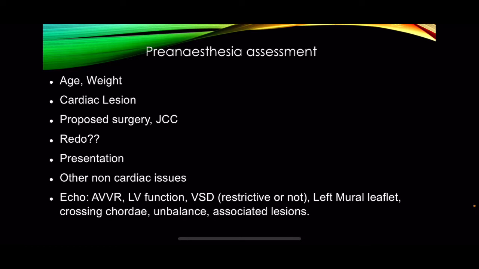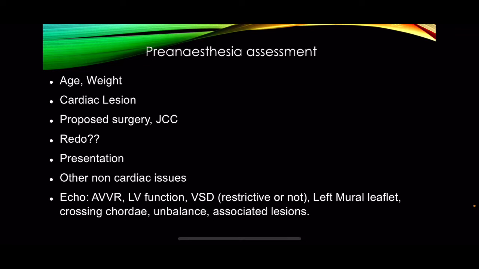They will see a list of patients, 4 or 5 patients, and decide what we will do for each of them. This is a very nice thing to attend if you have the chance, and if not, and you are seeing that patient for a pre-anesthetic assessment, it is very useful to have a look in this GCC report because it will have most of the things that will affect the management.